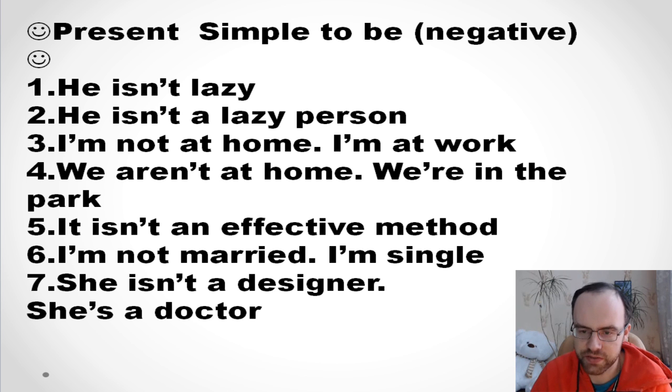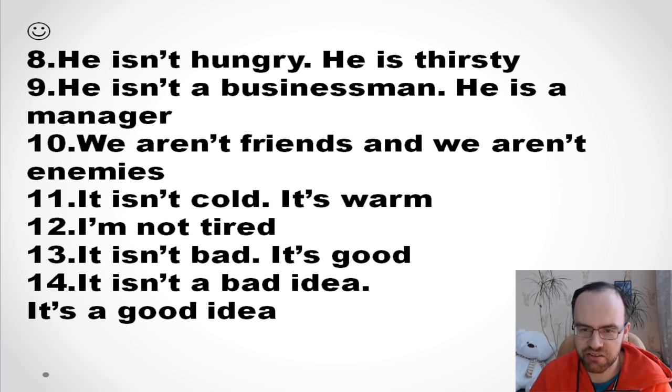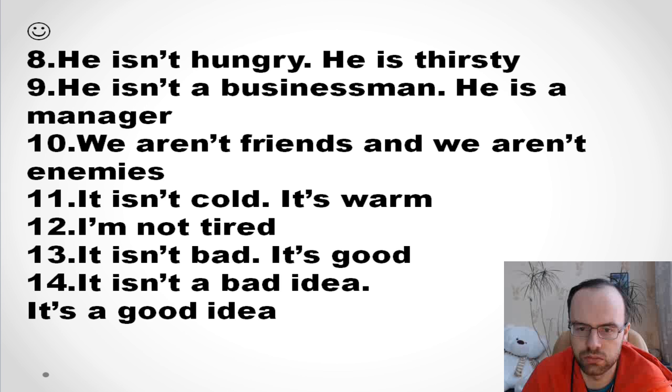It isn't an effective method. I'm not married. I'm single. She isn't a designer. She's a doctor. He isn't hungry. He is thirsty. He isn't a businessman. He is a manager.